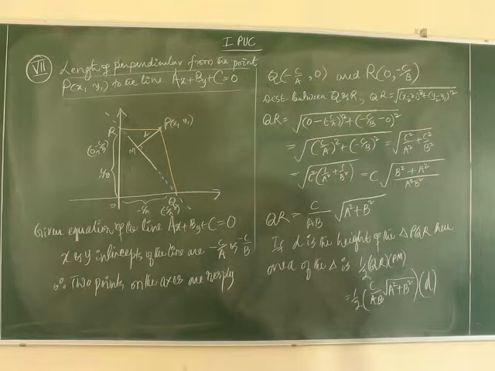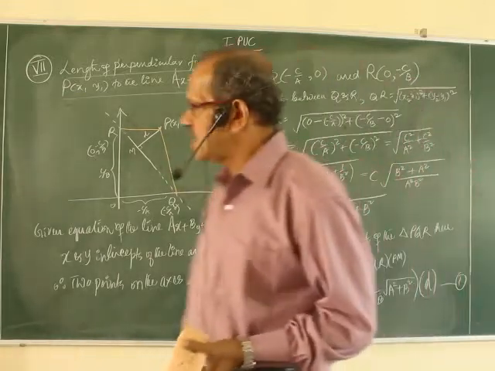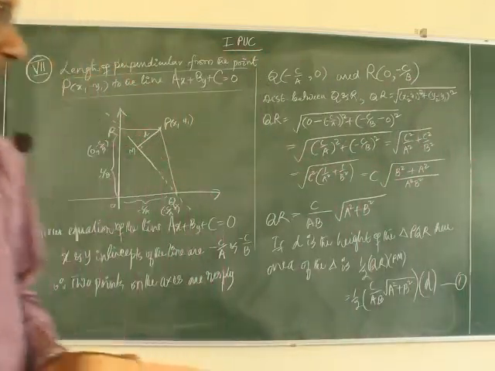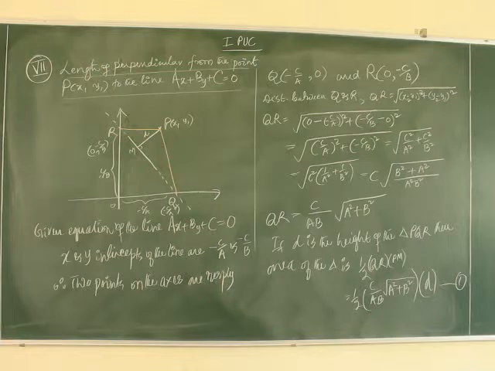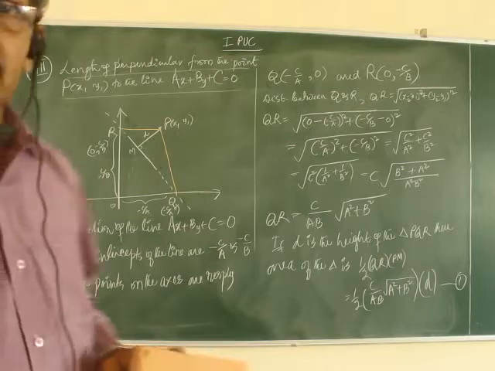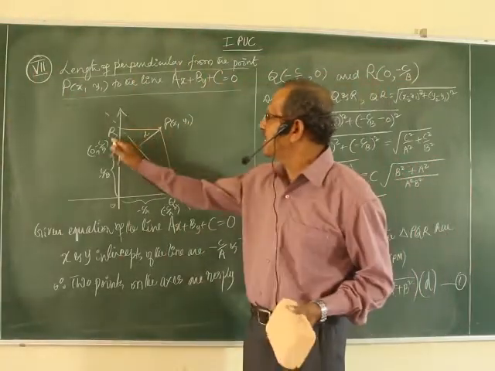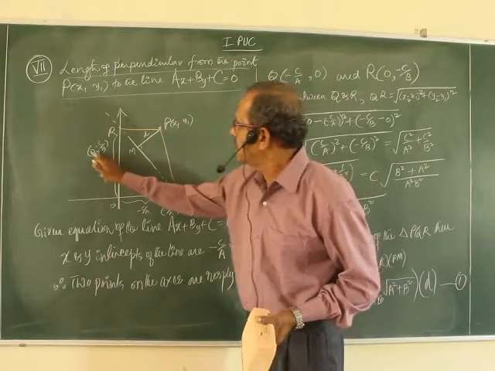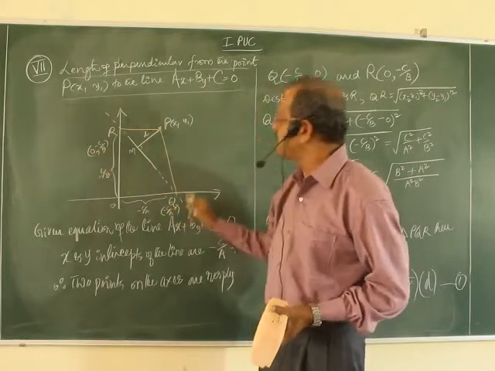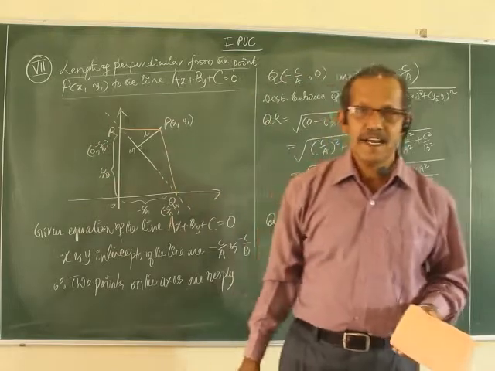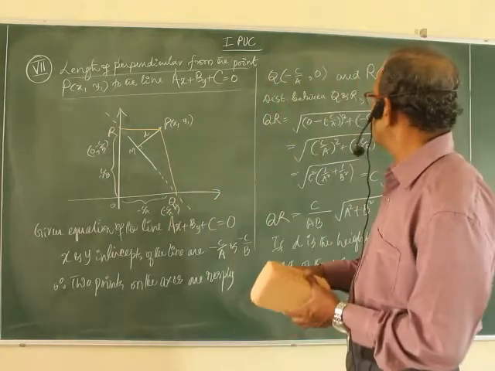No more simplification can be done. Leave it, it is equation 1. Equation 1 is actually the area of the triangle PQR. But remember, you can also find the area of the triangle by knowing the coordinates, x1, y1, x2, y2, x3, y3. Another formula we have. Let me use that one.